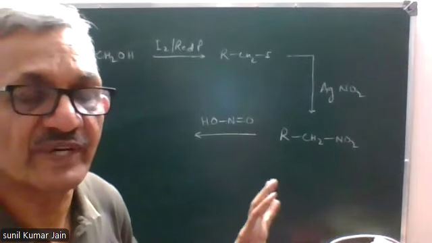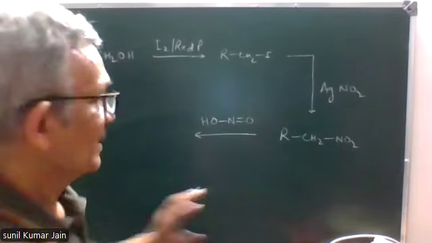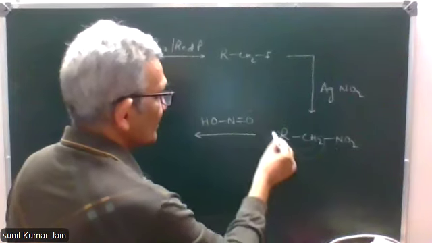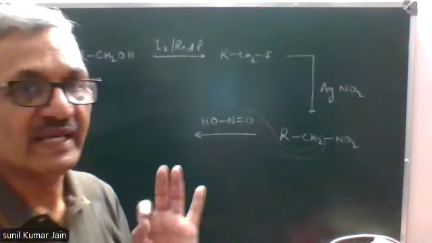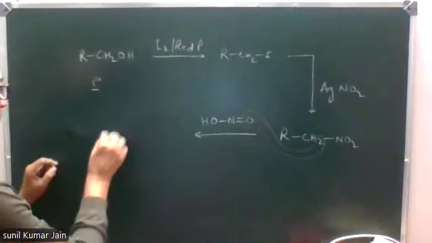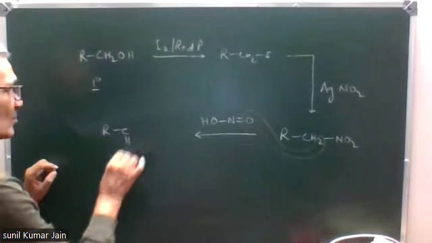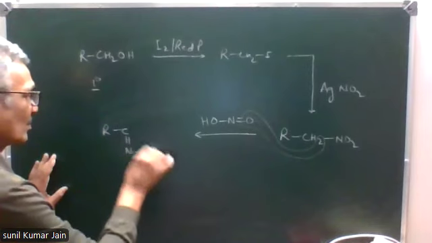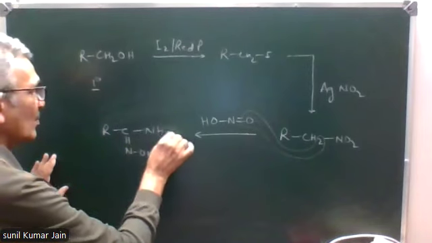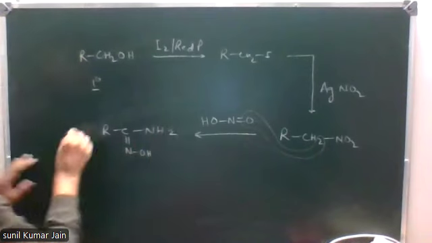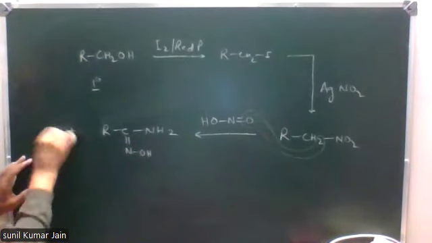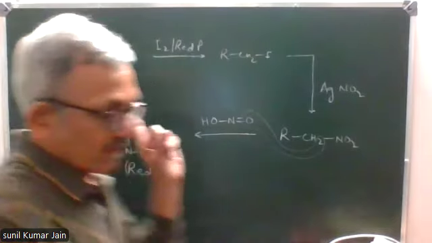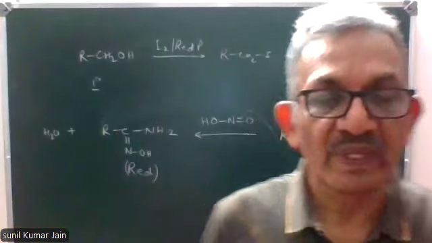Think of the structure of HNO2 like this. This oxygen and these two hydrogen atoms will be eliminated as water. Look at the structure carefully.